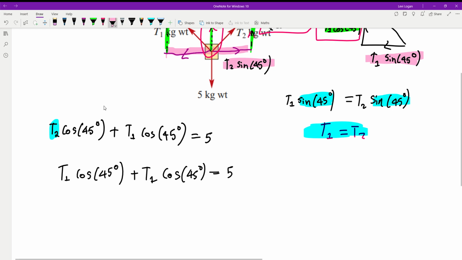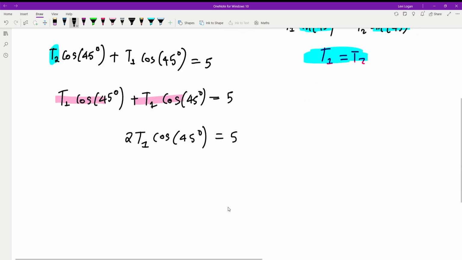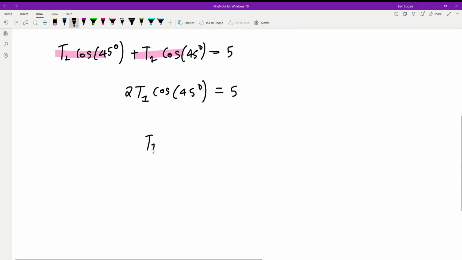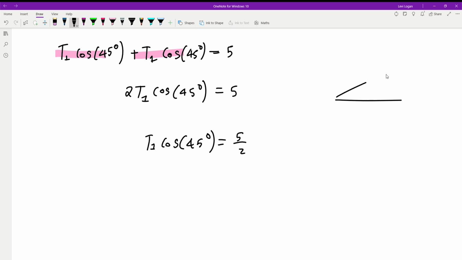These are the exact same thing, so you can put a times 2 in front of it, so you get 2T1 cos of 45 degrees equals 5. Then you can divide by 2, so T1 cos of 45 degrees equals 5 on 2. We can work out cos of 45 degrees using our special triangle: root 2, 1, 1, with 45 and 45 here.